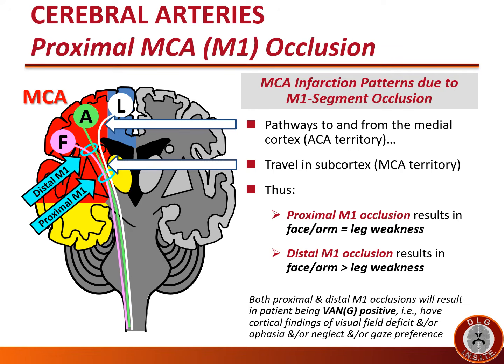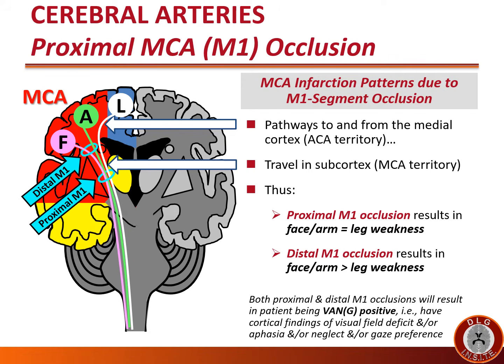However, the corticospinal tract coming from the medial cortex, from the leg, travels into the internal capsule through the MCA territory. The internal capsule is in the MCA territory. So you can actually have an MCA occlusion causing leg weakness.